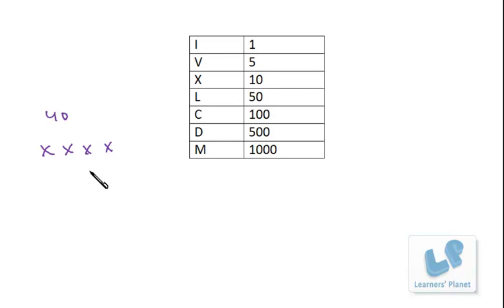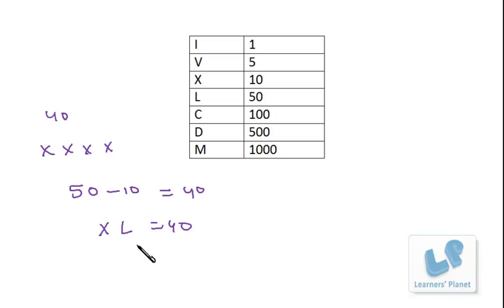And how do we do that? 50 minus 10 is 40. Now what is 50? That is L. If I have to deduct 10 from 50, I have to write X on the left side of L. So this is XL, that is 50 minus 10, that is 40.